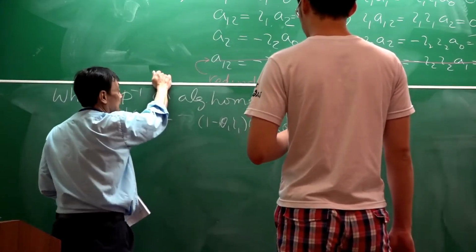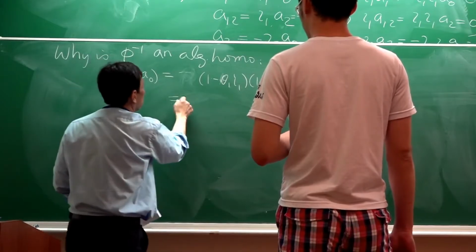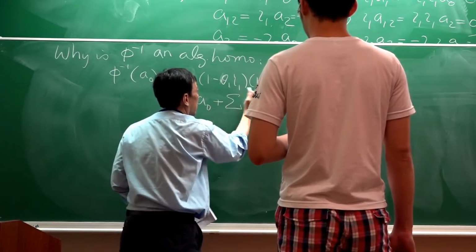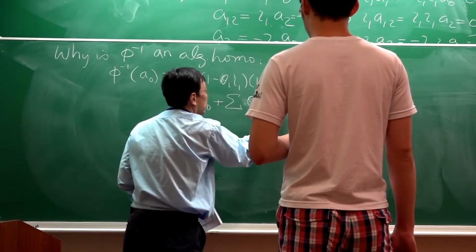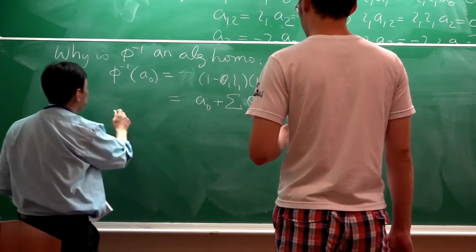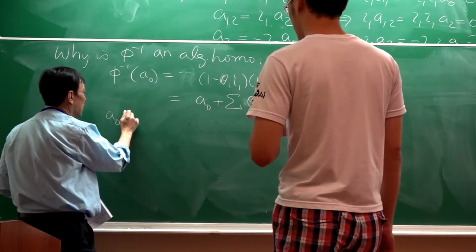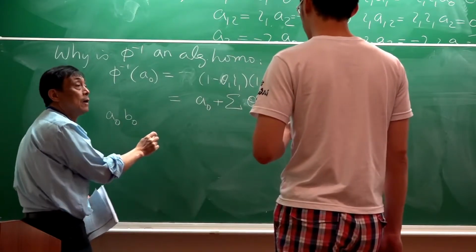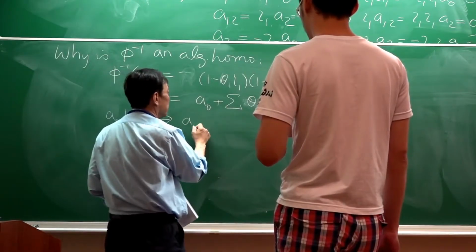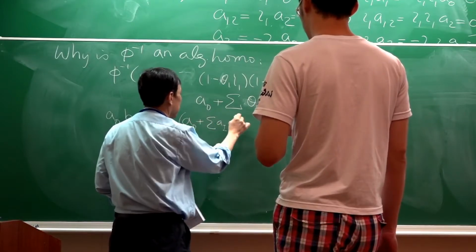And so it's because you write this as A0 plus these are the terms with theta in it. Now, if you have A0, B0, then that goes to A0 plus this.